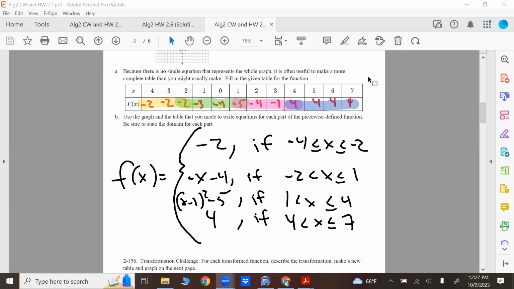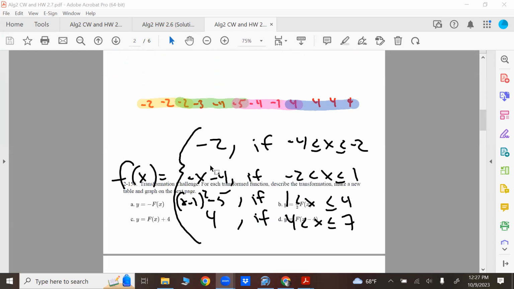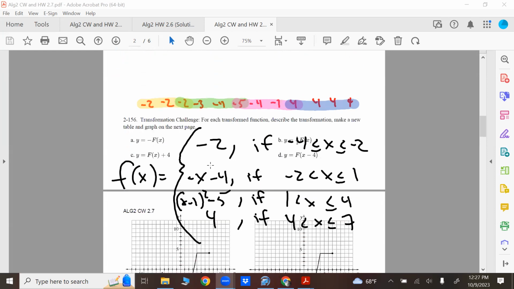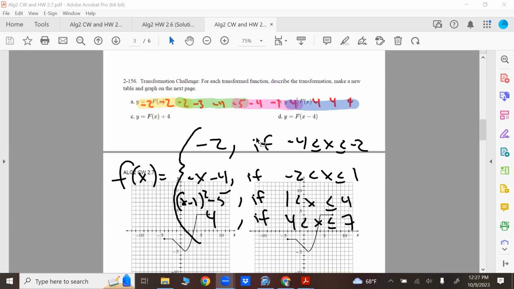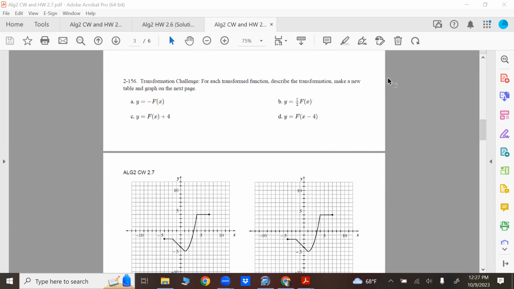Okay. In terms of transformations, let's hold off on the challenge for now, because I really just want to introduce a topic to you guys. But just so you know, in case you're curious, what you do is you multiply y by -1. Here, multiply y by half. Guys, let's focus, please.